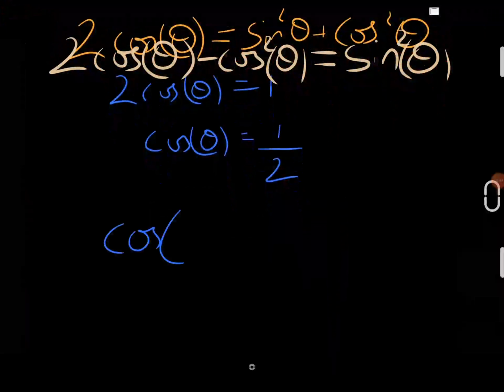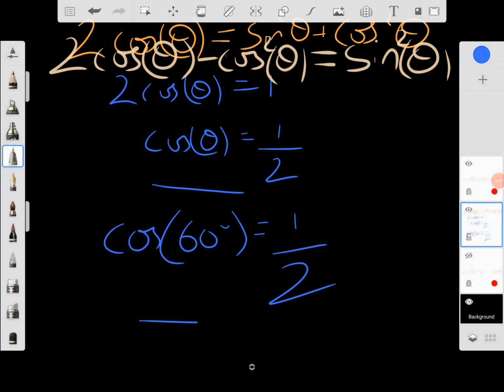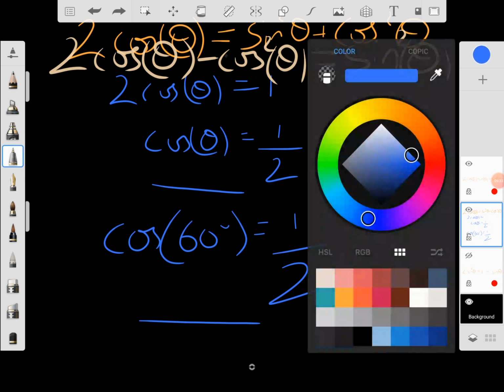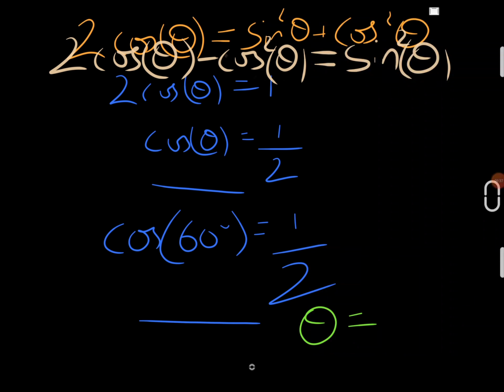Cos of 60 degree, we know that it is 1 by 2. So therefore we can say, because cos theta is 1 by 2 and cos of 60 is 1 by 2, we know that theta should be equal to 60 degree. So therefore we will say the conclusion, theta is equal to 60 degree.